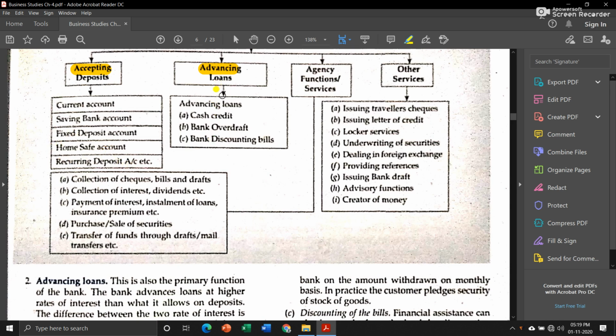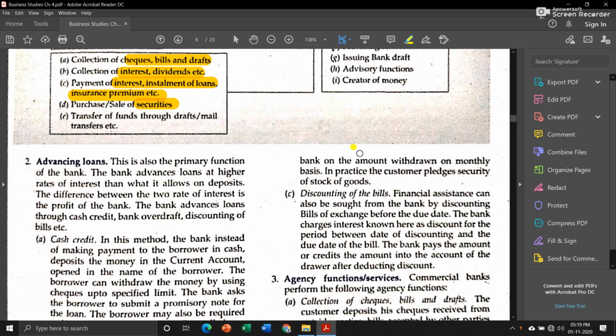While advancing loans, they can advance loans through cash credit, bank overdraft and discounting of bills. Agency services are collection of checks, bills and drafts, collection of interest and dividends, payment of interest, installments of loans and insurance premiums, purchase or sale of securities, and transfer of funds. Other services include issuing travelers checks, issuing letters of credit, locker services, underwriting of securities, and lots of other services as well. Now we will discuss in detail.